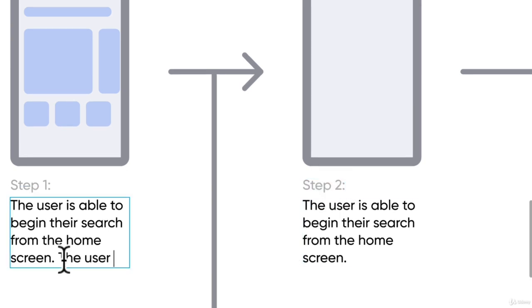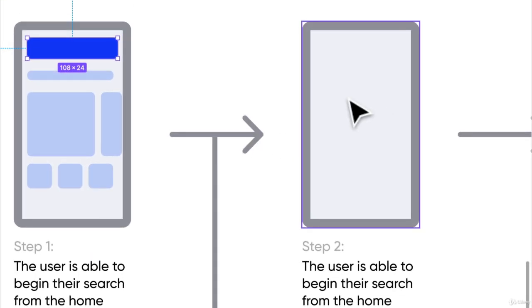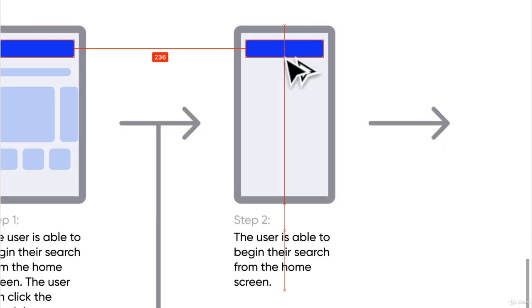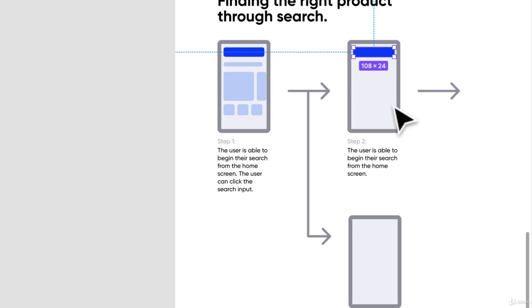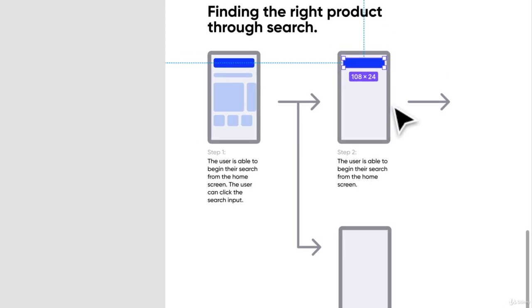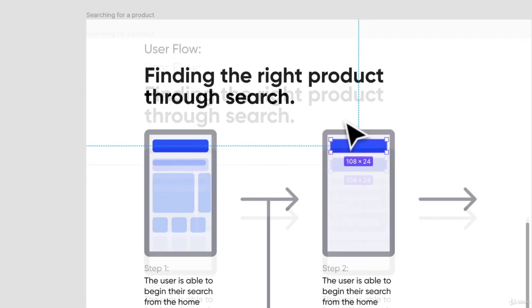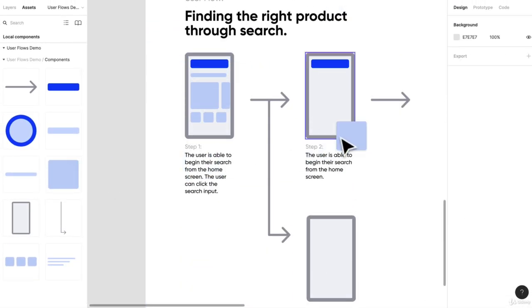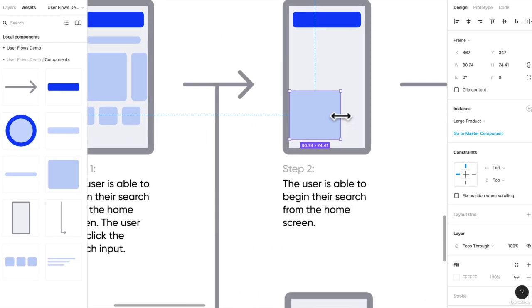The user can click the search input. So once they've clicked the input, there is something here that happens, and that should probably be them entering their search. So what can we signify as that?